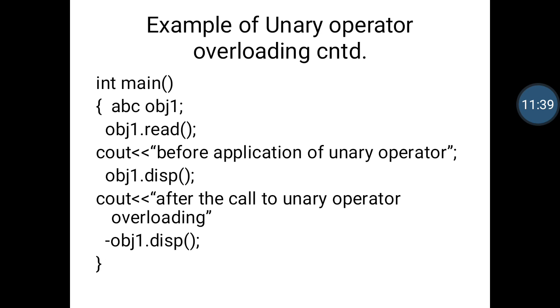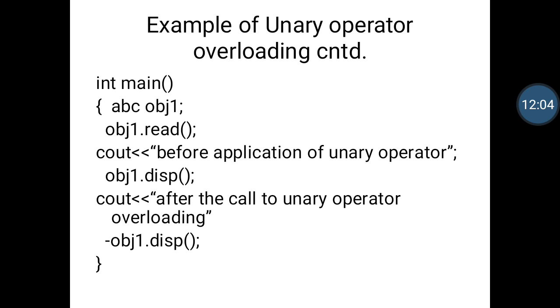Now in main I am declaring an object of the ABC class, ABC obj1. By using that object I am calling the function read, obj1.read. Before application of the unary operator, let's say the value of A is 10 and the value of B is 20.